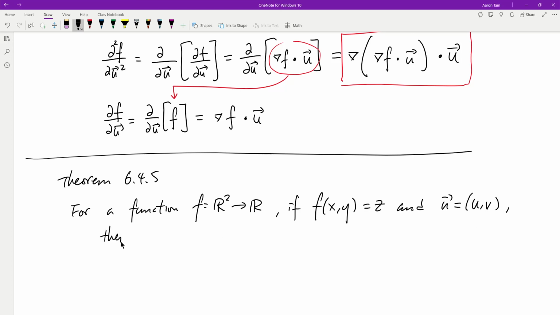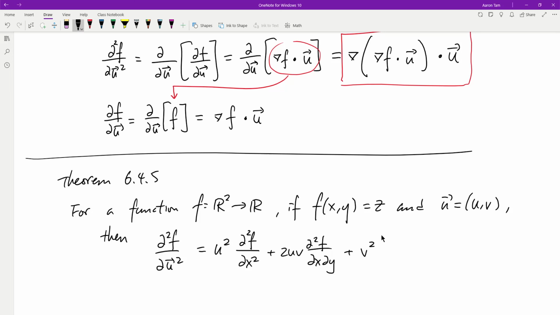Then we can define the second order directional derivative in the direction of u as equal to u squared d squared f over dx squared plus 2uv d squared f over dx dy plus v squared d squared f over dy squared.